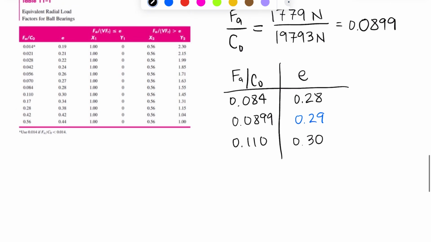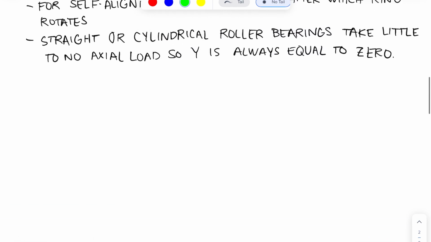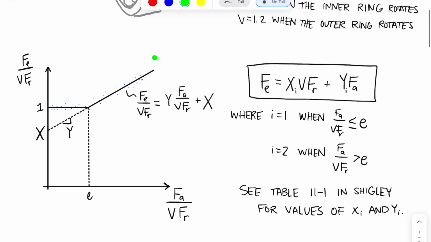And with that, now we need to move to the right in our table and try to figure out if we are below or above this value of E. And remember what that means is we're trying to figure out where we are in this plot. Do we have a thrust load that is high enough that it has an effect on our bearing life? Or is our axial thrust load low enough that it has no effect and we're in this flat line region?